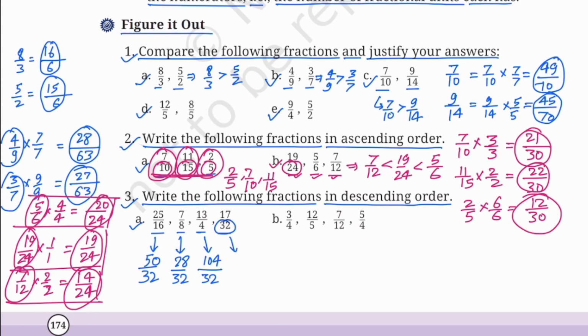And 17 upon 32 is same. You can see the largest one is 104 upon 32. So 13 upon 4 will be the largest one.